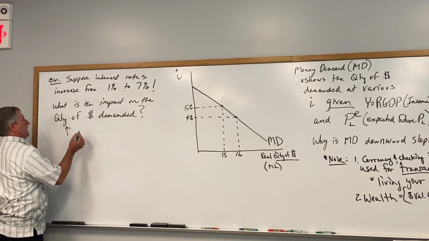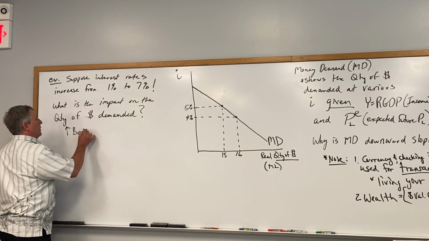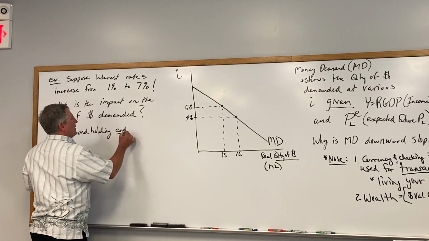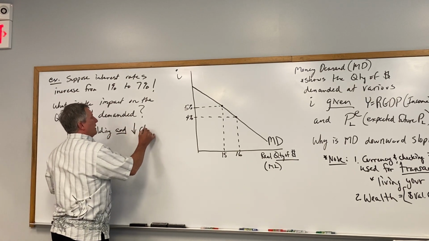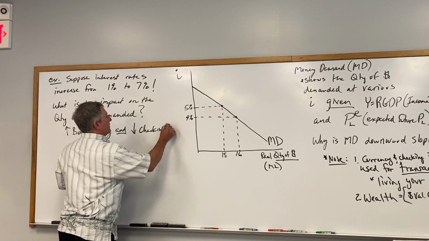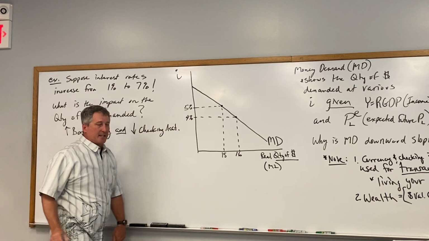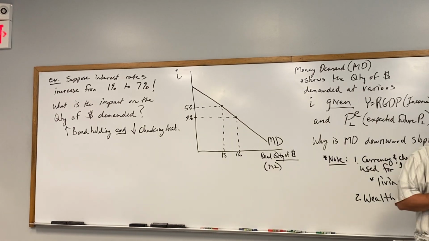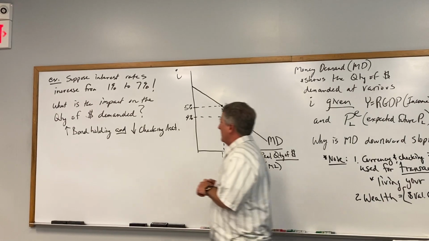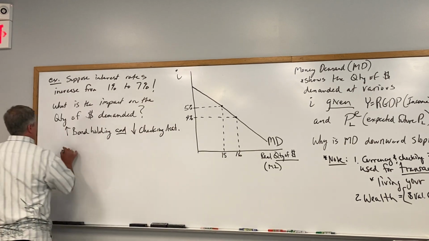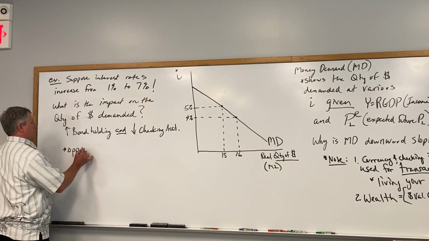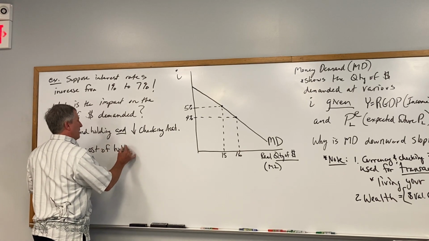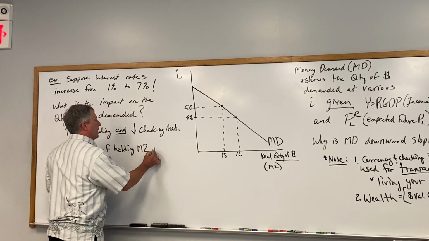You're going to increase bond holdings and effectively decrease checking account. Why am I sitting on all this money? I'm missing out on some high interest, right? The opportunity cost has gone up. The opportunity cost of holding M2 increased.